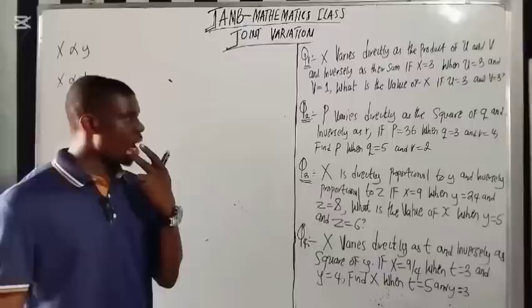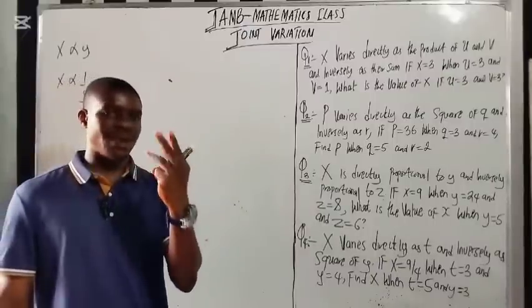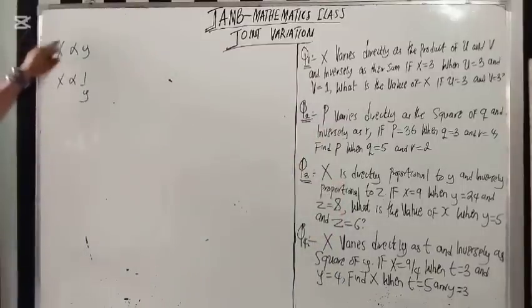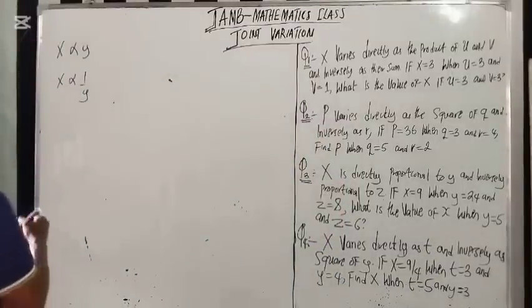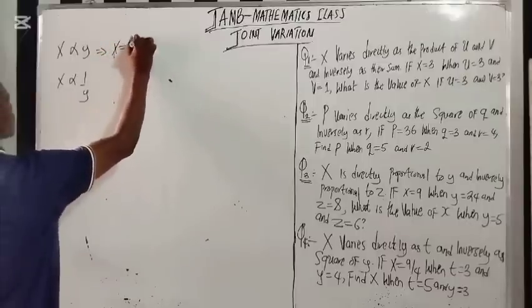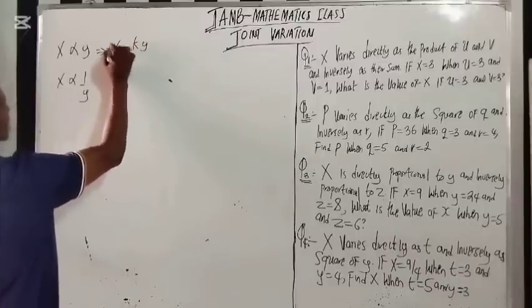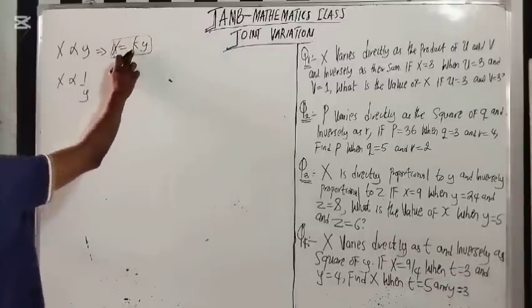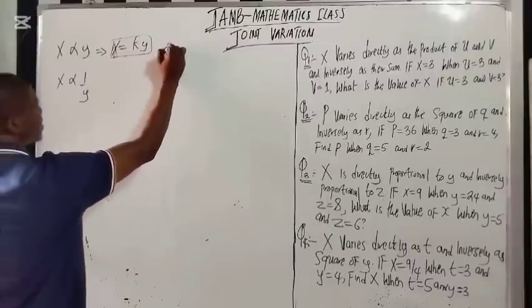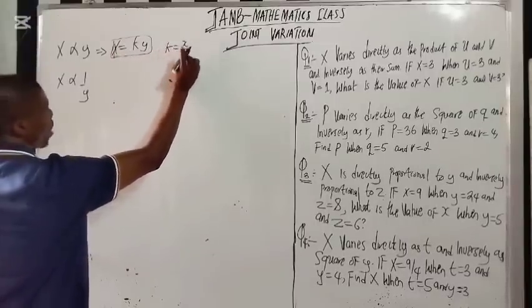So here we have 3 different quantities. Let me give you an example here. Remember, you introduce a constant. When you introduce a constant here, you are going to have x equals ky. So the initial point here is to calculate your k, make k the subject of the formula, which gives k equals x over y.